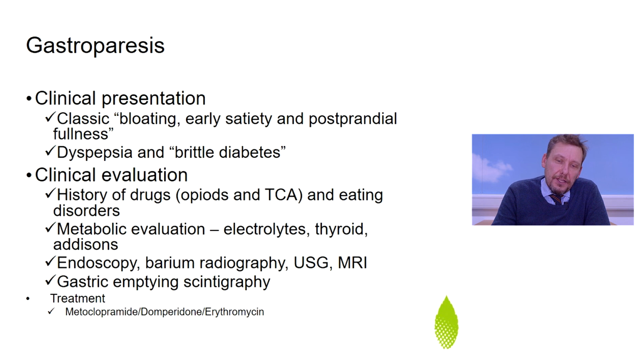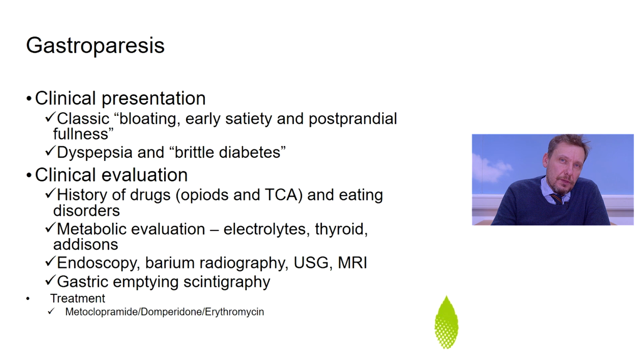The clinical evaluation, again, should involve an assessment of underlying drugs which may be affecting gastric motility. Endoscopy should also be performed. There's an important need to exclude alternative factors which may be causing these symptoms.